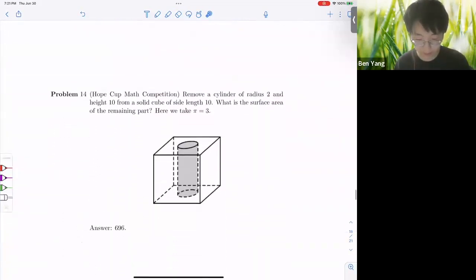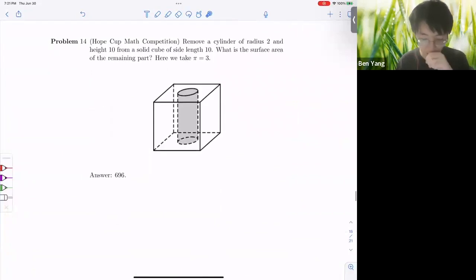Problem 14. Remove a cylinder of radius 2 and height 10 from a solid cube of side length 10. What's the surface area of the remaining part? Interesting question.